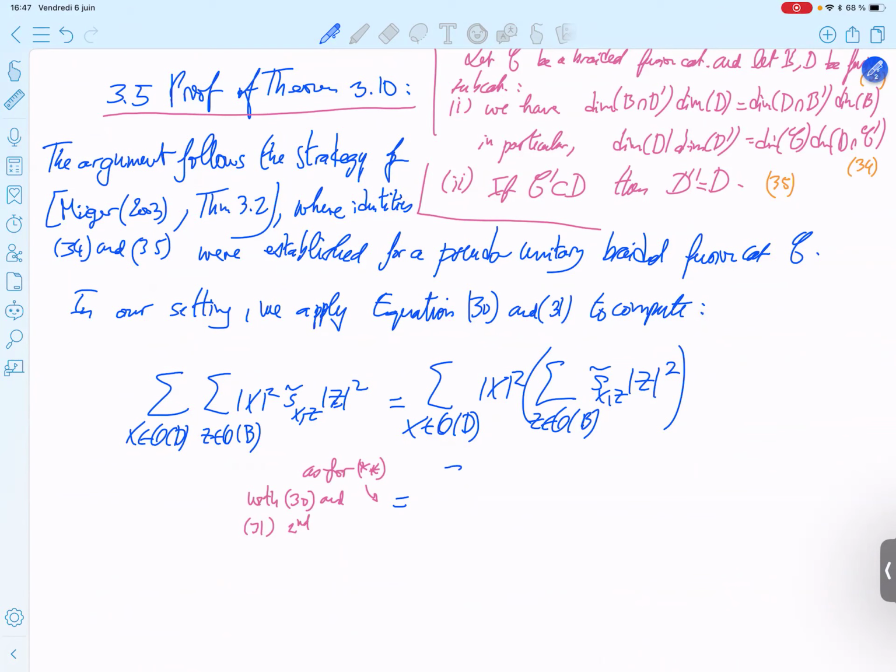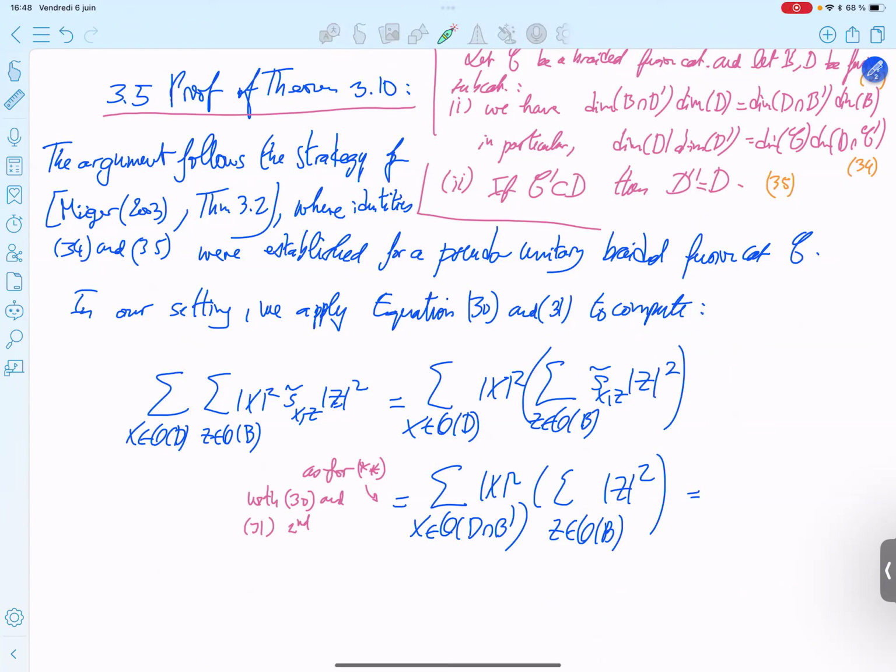So we only keep the ones which are in the centralizer of B. But we know that when it is in the centralizer of B, then by 30 we will get 1 for the entry of the ST matrix. So you get that. So this is the dimension of B, you put it out, dimension of D intersection B centralizer, the dimension of B, like that.